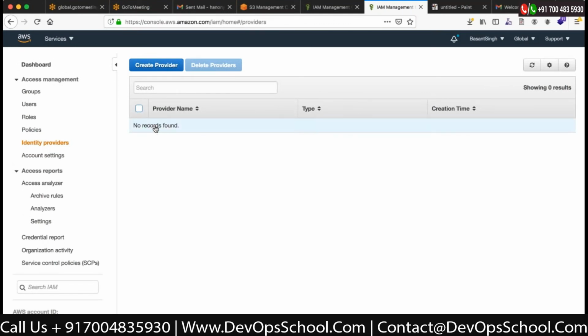So if you have Active Directory or OpenID Connect, you can connect with that and allow your users to come in federated and access the resources. You can decide which users will come in as a federated login and be able to access the resources. So you don't have to create users manually. Everything will be managed when you have a different identity apart from AWS.